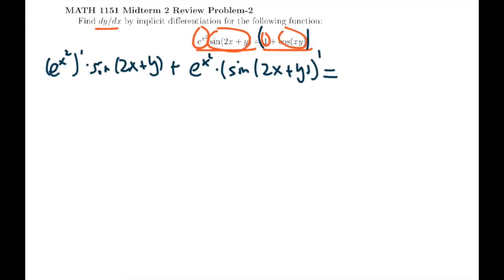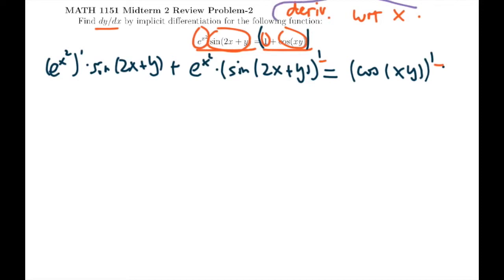And by using the sum rule, firstly 1 prime is 0, and then plus the derivative of cosine of xy prime. Remember here the prime means we're taking the derivative with respect to x. So bear this in mind, it is very important.